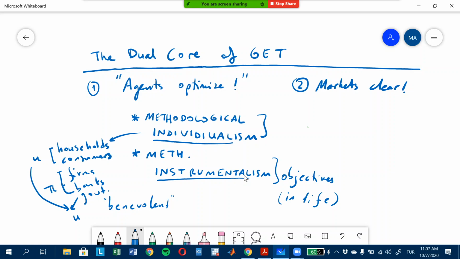For a benevolent government, utility maximization of people or social welfare.